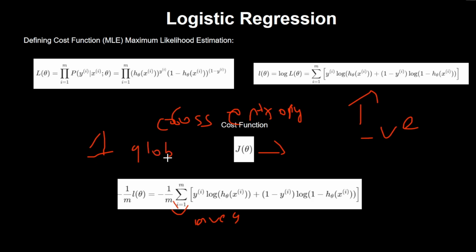Global minimum means that globally across all the data or all the iterations of the optimization, we will find only a single value of the parameters where it can minimize this function at most. So this is represented by this cost function.